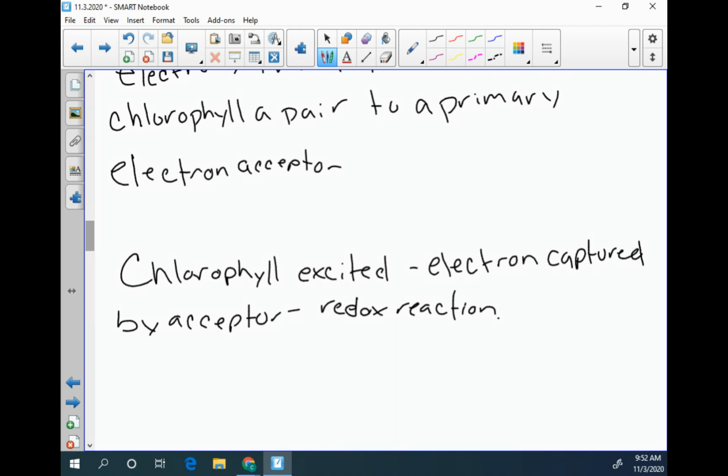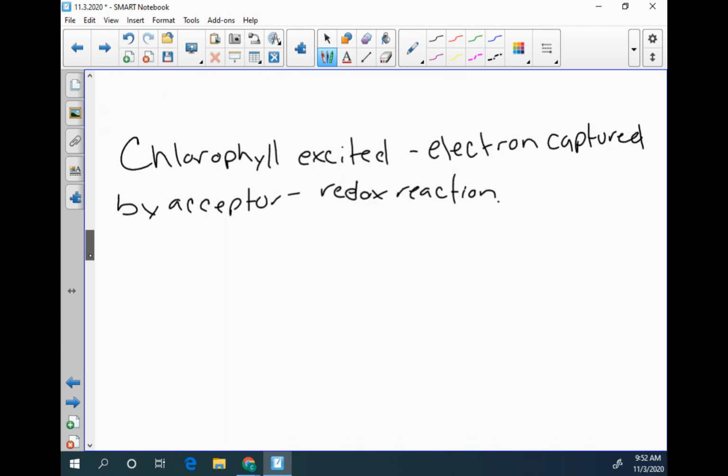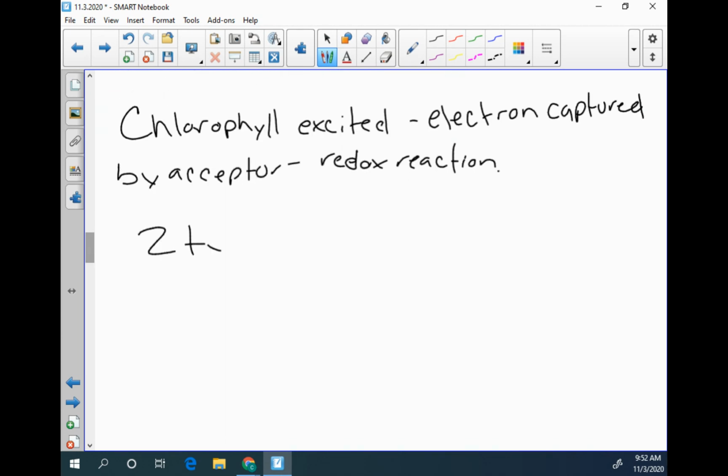So there are two photosystems. They are named photosystem 1 and photosystem 2.